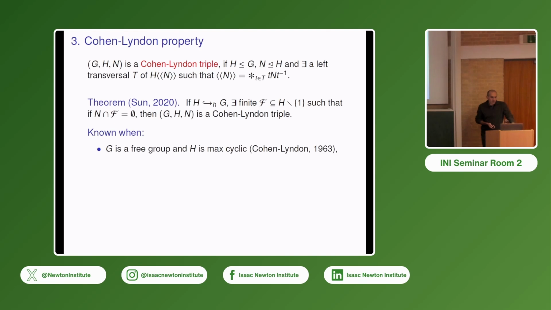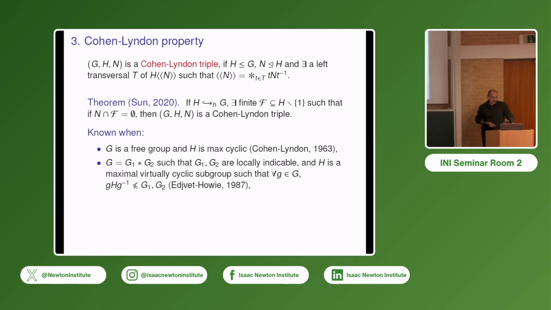So why is it called a Cohen-Lyndon triple? It is because Cohen and Lyndon were the first to observe this property in the context when G is a free group and H is a maximal cyclic subgroup, and N can be any infinite subgroup of H. And then Edjvet and Howie showed that if you have a free product of two locally indicable groups and H is a maximal virtually cyclic subgroup which is not in any of the vertex groups, then it satisfies the Cohen-Lyndon property.